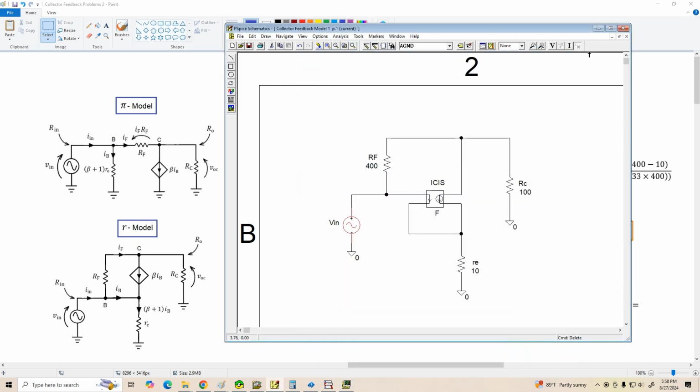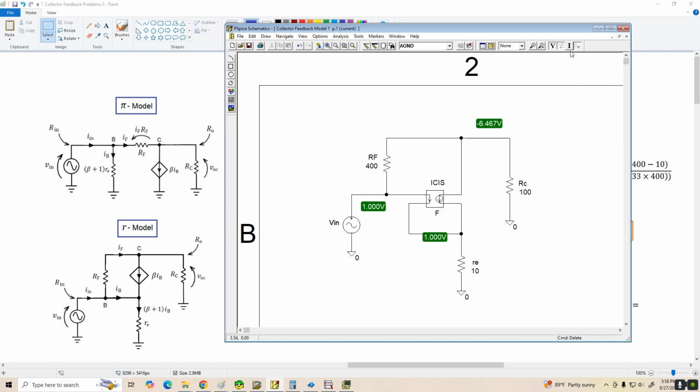We'll turn on our voltage markers, and there we see our input voltage of 1 volt produces an output voltage of negative 6.467 volts, so that's our voltage gain, negative 6.467. All right, let's go ahead and find the input resistance. We're going to do that by dividing V in by the current we're drawing from this source.